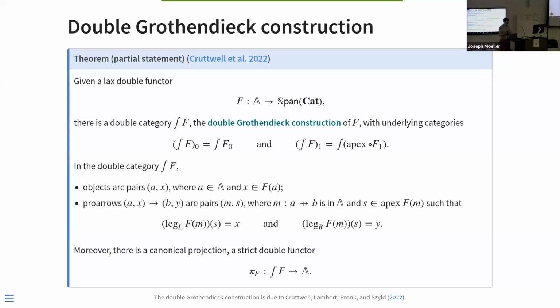Okay, so to get the category of objects, we take the Grothendieck construction of the underlying functor, F naught, and then to get the functor between the categories of morphisms, we take the Grothendieck construction of the apex categories of those spans. And so in the double category that you get, you have objects which are decorated, and then you also have pro-arrows that are decorated in such a way that they're compatible with the decorations on their sources and targets.